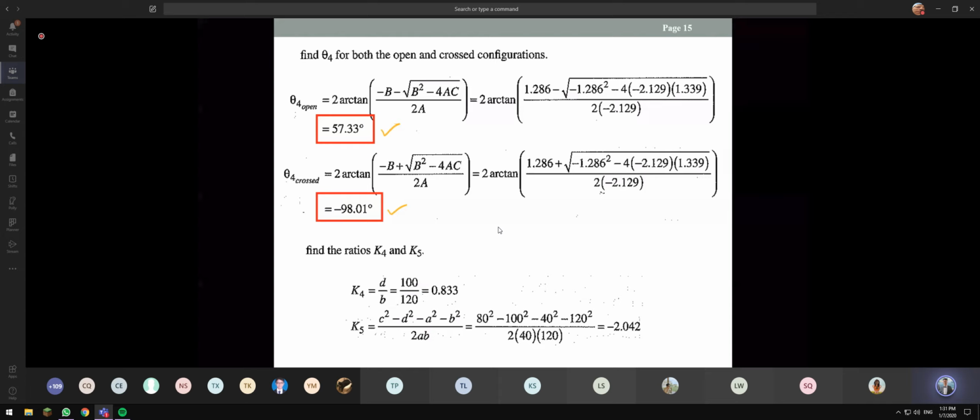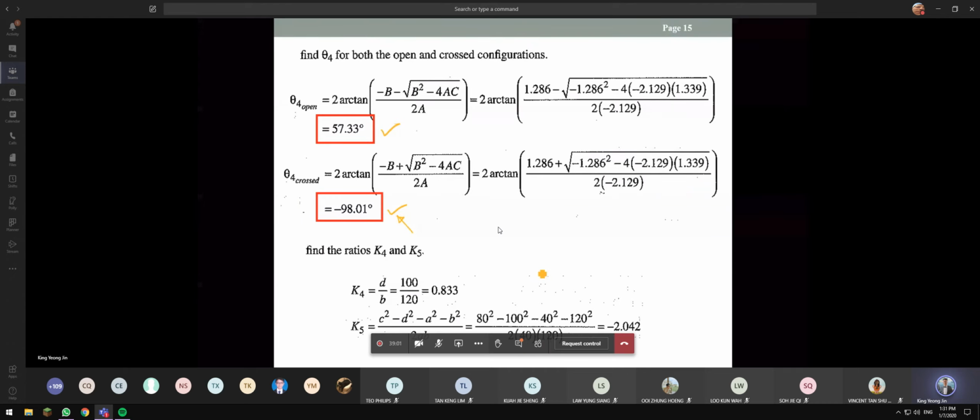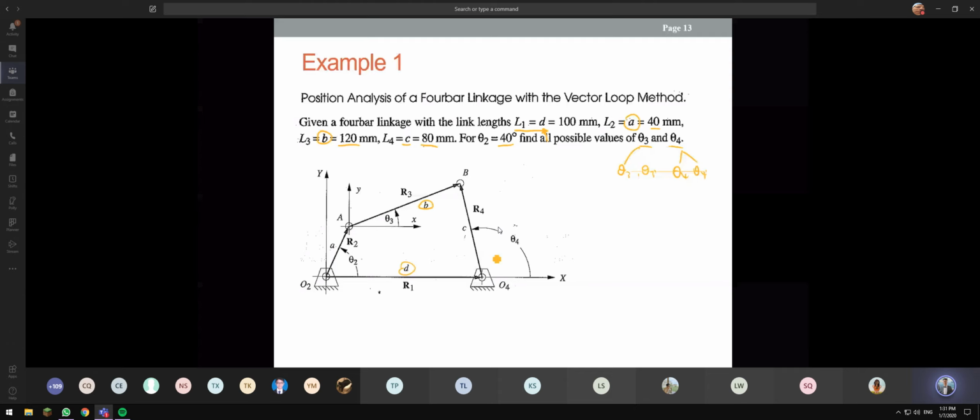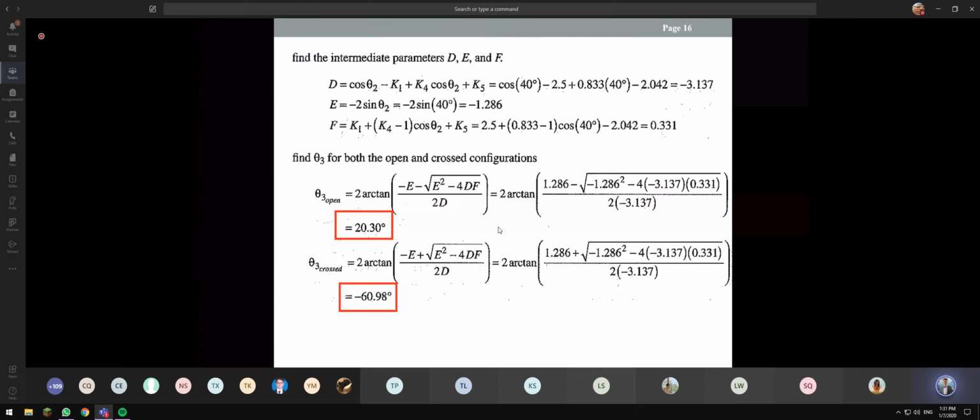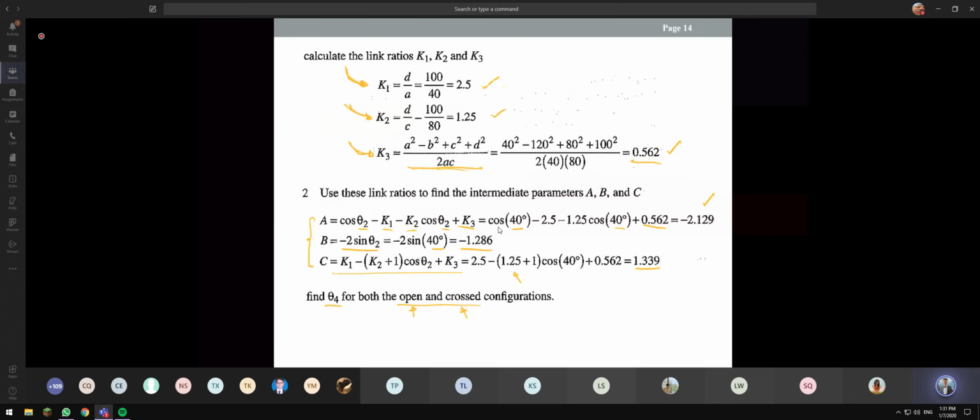When you have this information, you can always sketch it out. Where is this angle? For example, we use back this one. The first one is 57.33.